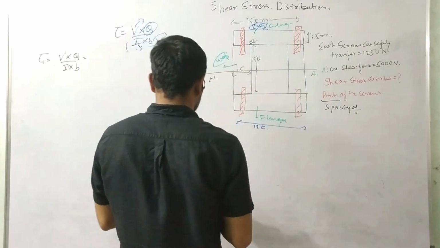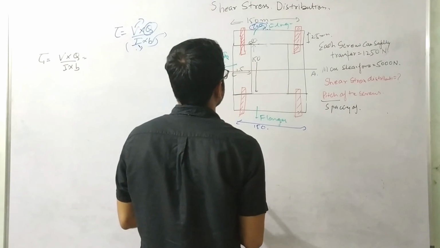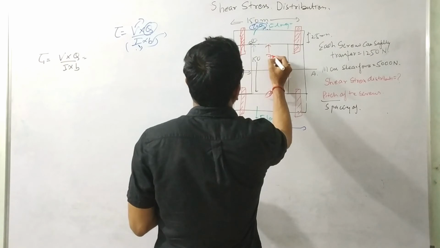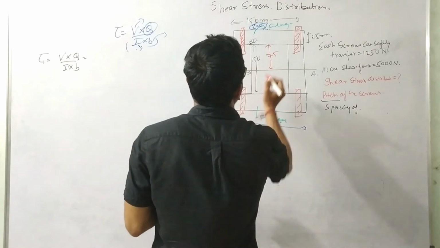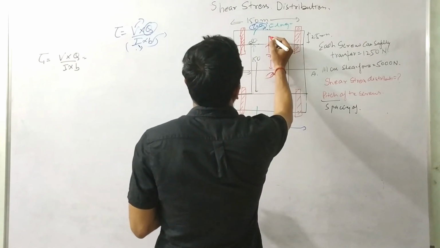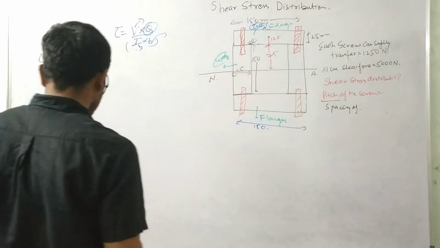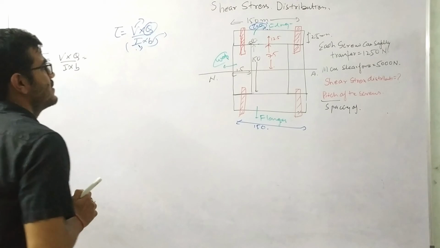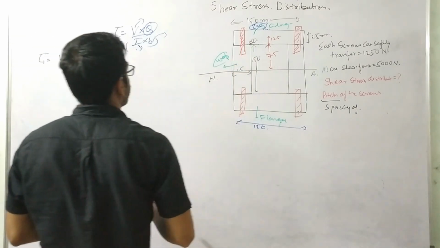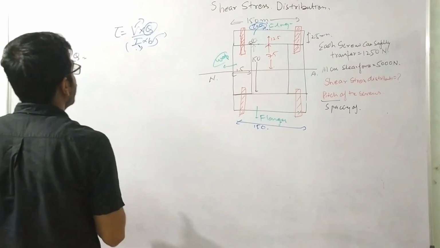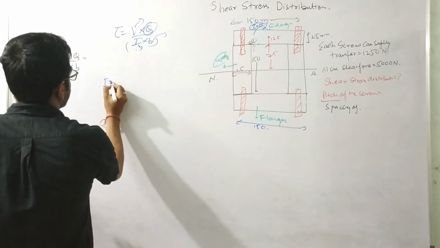It's a symmetrical figure, so this distance is 75, and from the centroid this is 12.5. I'm calculating the shear stress for the point just above this junction because B is varying, the cross section area is changing, right?